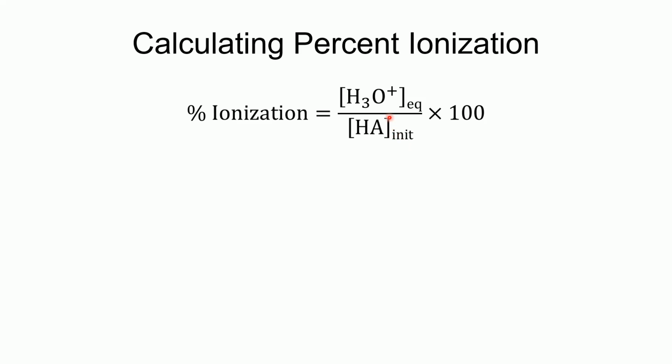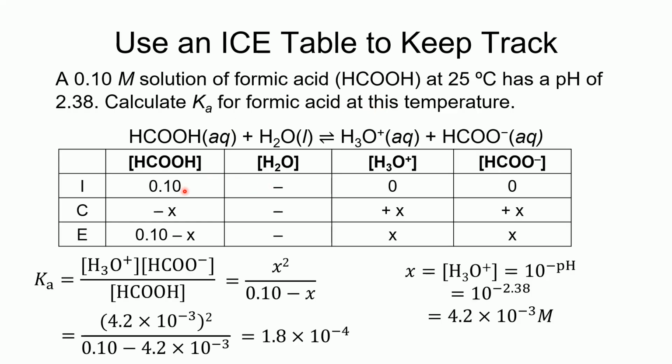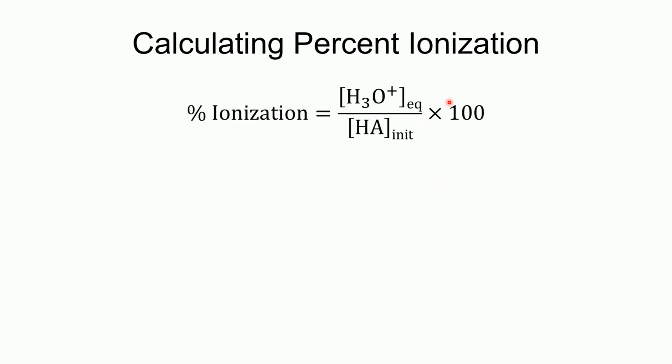Now, one point I want to make about this is if you want to generalize this so that we don't just do it with a weak acid, like a little bit later we're going to be talking about a base. Really what we're doing is we're saying what was the concentration of whatever it is we were talking about initially, and how much did it change? And we're going to take the amount that it changed divided by the initial amount. And that's really the whole point of this calculation. Multiply it by 100 to make it a percentage.